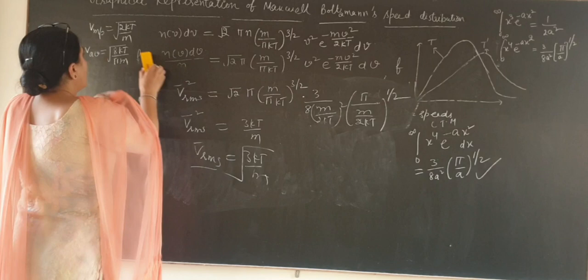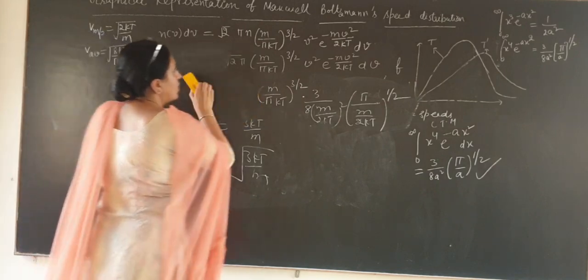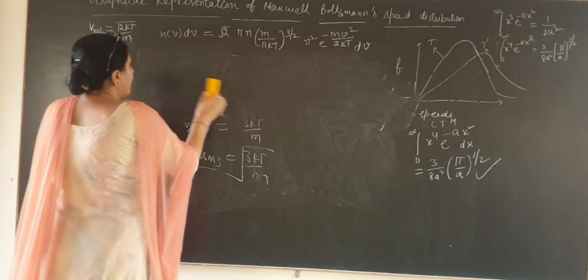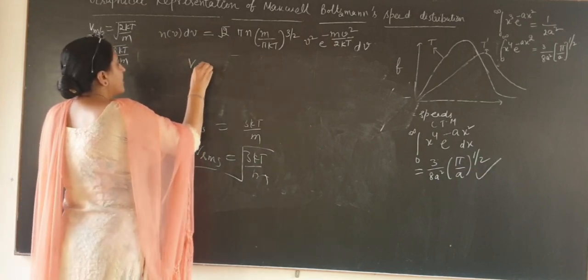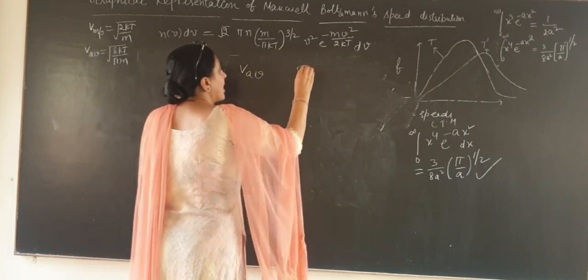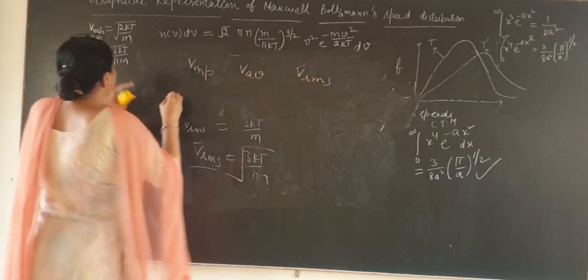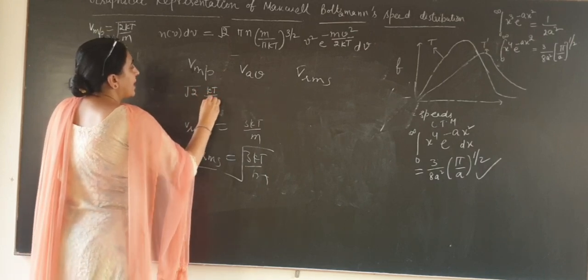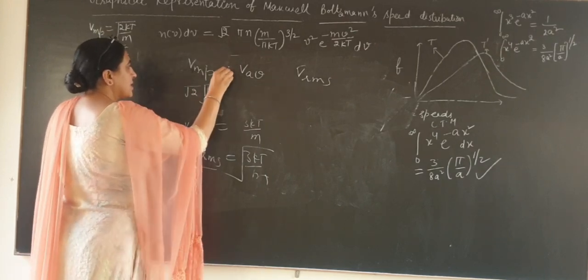Now when you want to differentiate between these three velocities, I write here Vmp, then V average, then third is Vrms. Vmp is equal to √2 times √(kT/m).